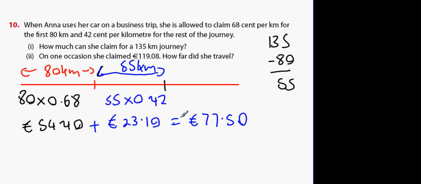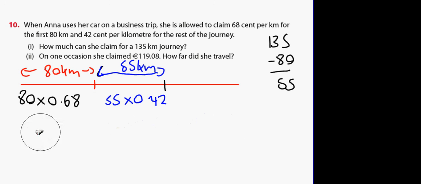Now the next journey is done in the exact same way. I always tend to use algebra to do this, okay? So instead of 55 kilometers, nobody knows how far we've gone.